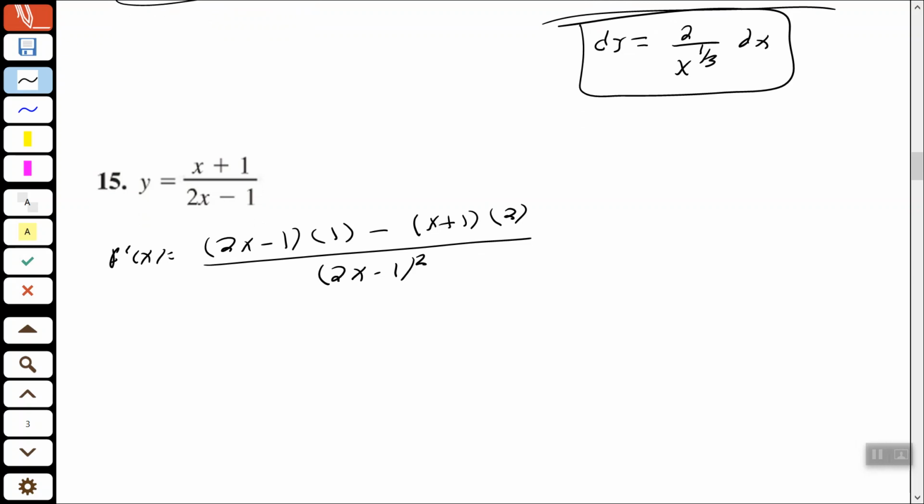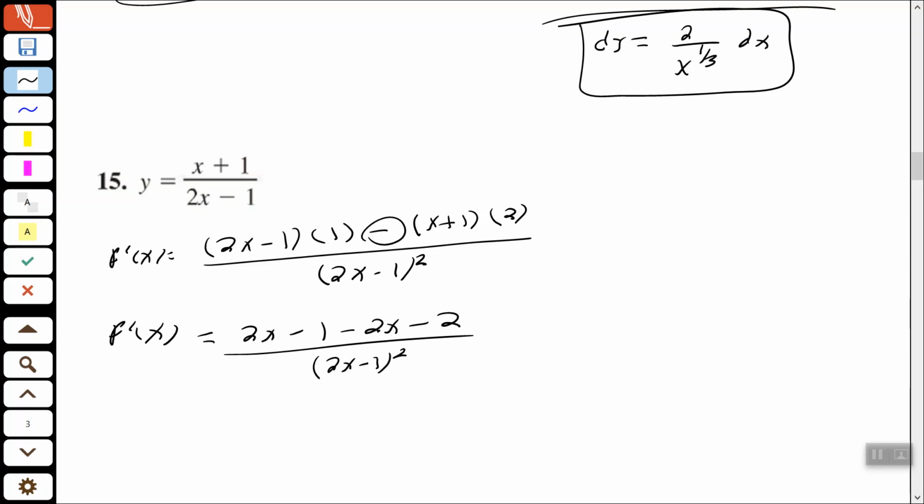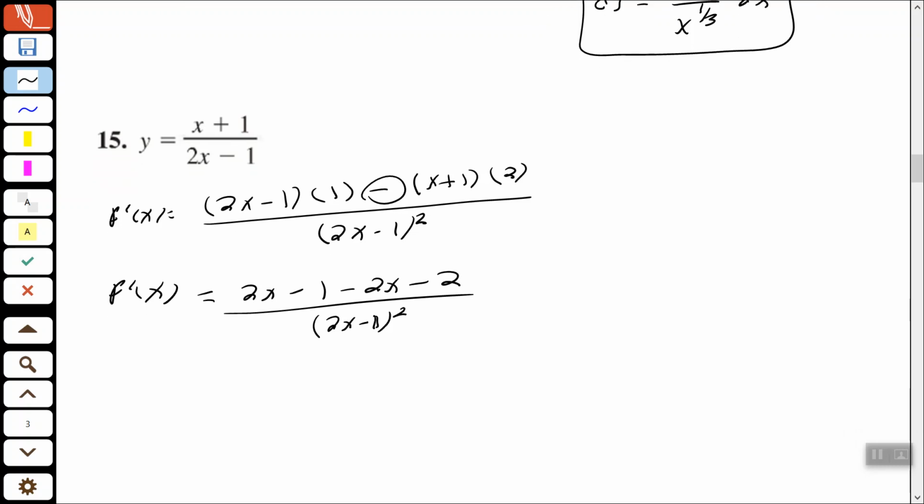Make sure you multiply by -2, so negative 2x minus 2. So I'm distributing the negative and the 2 at the same time, so I multiply by -2. And then combine like terms. And we see that dy is equal to -3 over 2x minus 1 squared dx.